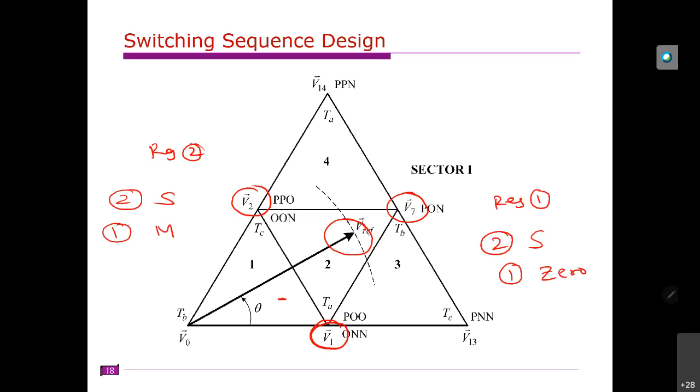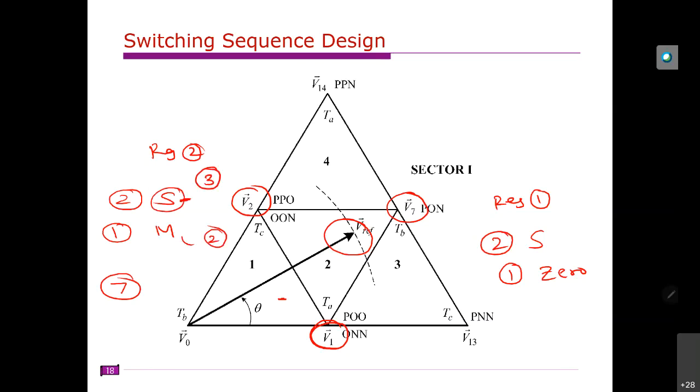Under these particular cases, how do we implement the 7-segment switching sequence? There are two small vectors, and the medium vector will be divided into two parts.